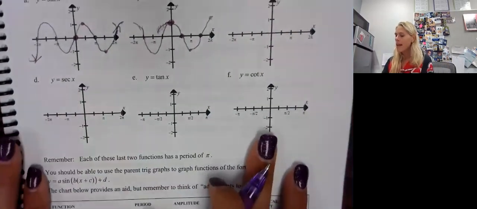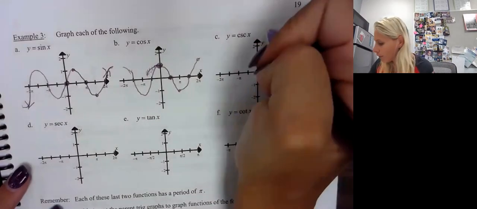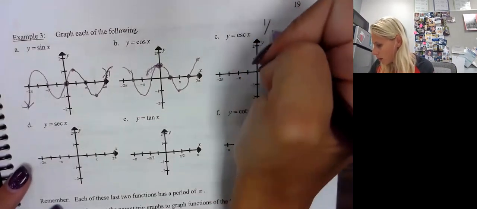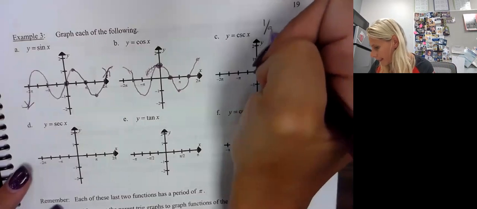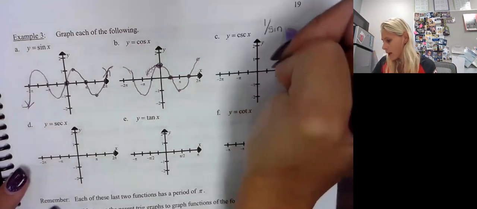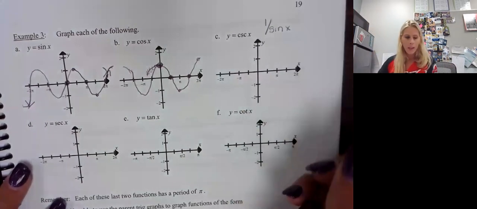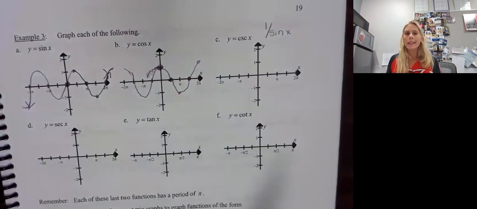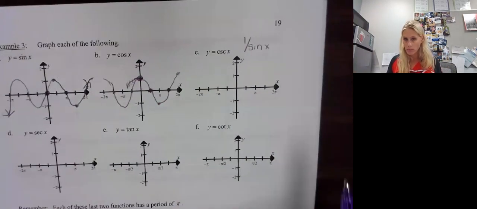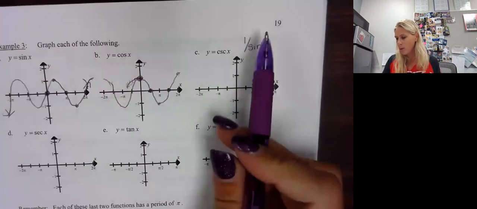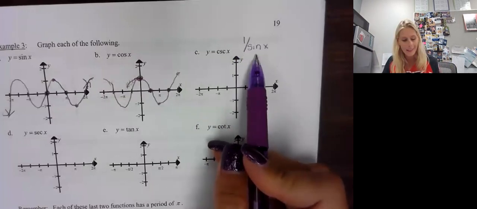Okay, now cosecant. If we remember, cosecant is 1 over sine. So let's talk about this. If sine is 0 at 0, well, 1 over 0 is undefined.